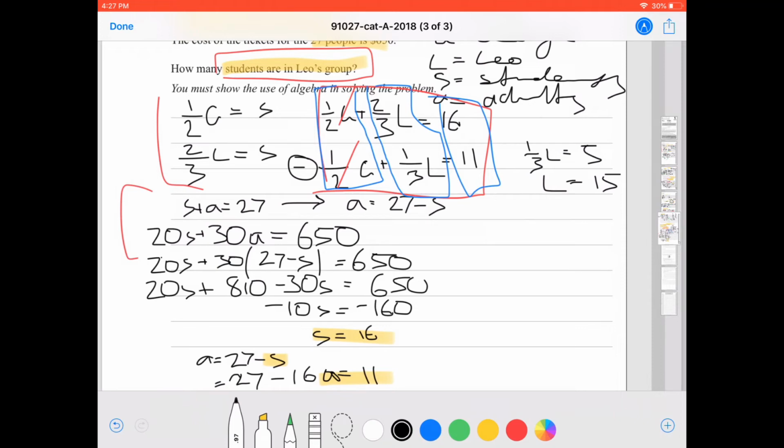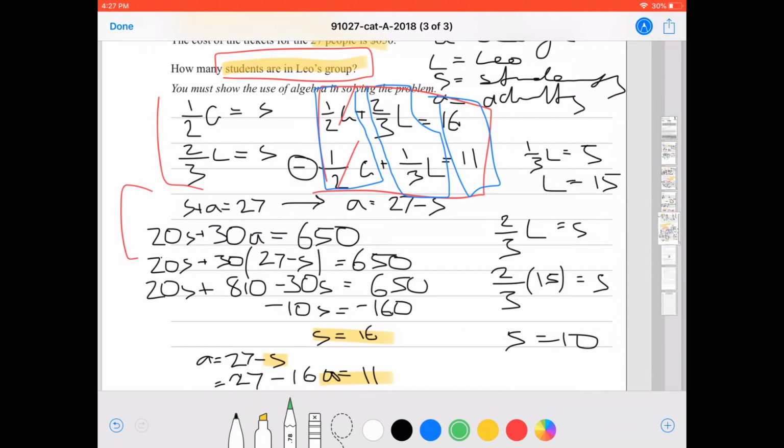Our equation for students in Leo's group is 2/3 L, meaning it's going to be 2/3 of 15 equals the number of students. So the number of students equals 2/3 times 15, which is 10. Okay, and this, guys, gets you the excellence grade.